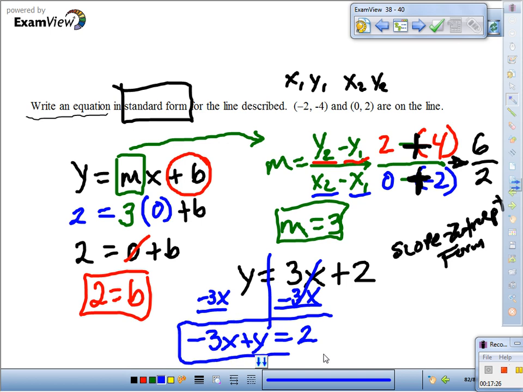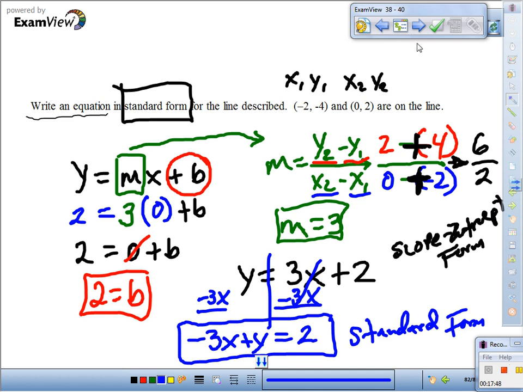This is standard form. So what is the only thing that changed from the other work that we did all those 2 days? The last step, right? Just changing it to standard form.